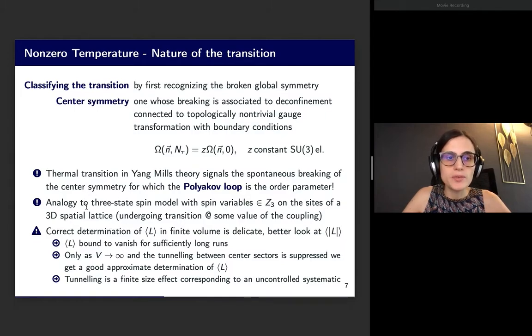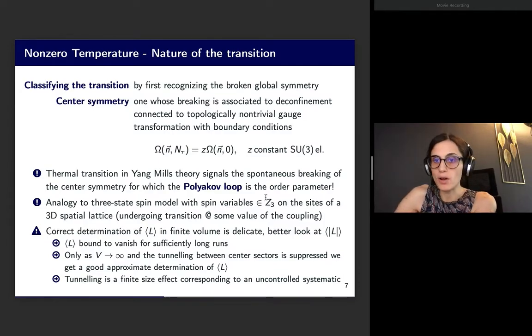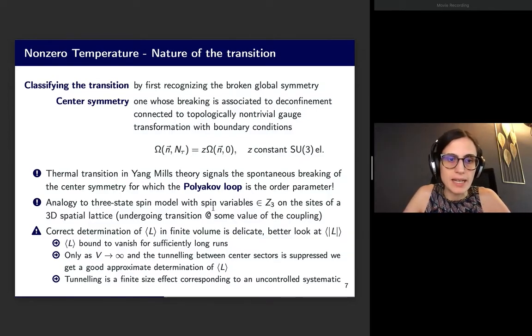I want to add to this that an analogy can be constructed to a three-state spin model with spin variables that belong exactly to Z3, that lives on the sites of a three-dimensional spatial lattice, and this also undergoes a transition at some value of the coupling, just like pure Yang-Mills in SU(3), where, by the way, the transition is first order, but we will get back to this.